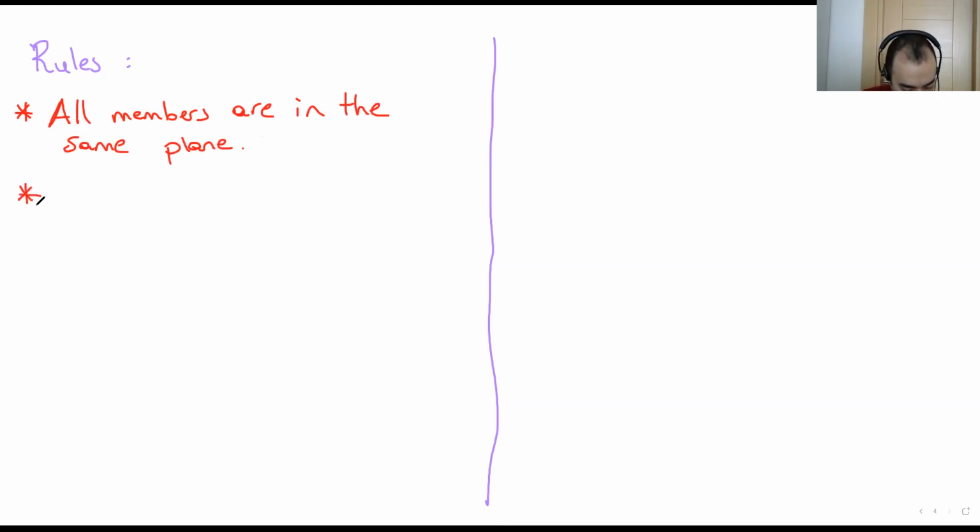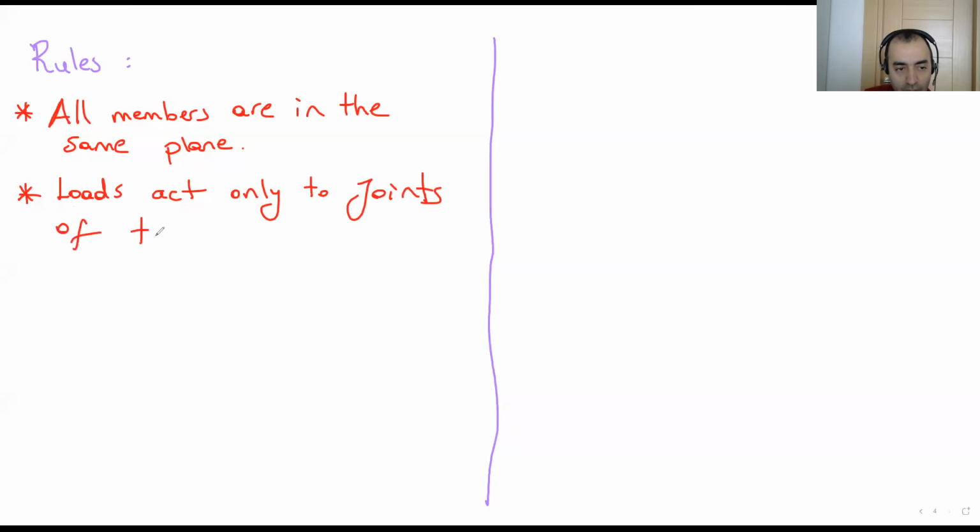The other thing is, the loads act only on joints of the truss system. I've just explained this one.